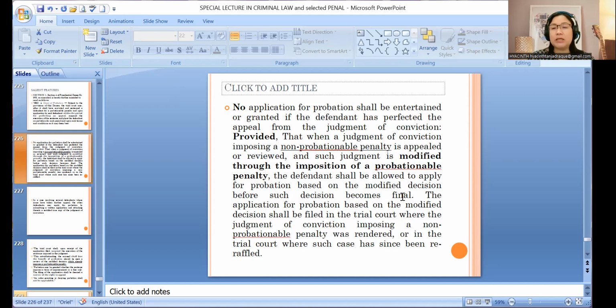Because basically, the accused was not given a chance to avail of the same at the soonest time possible because of an error that was not attributable to him.